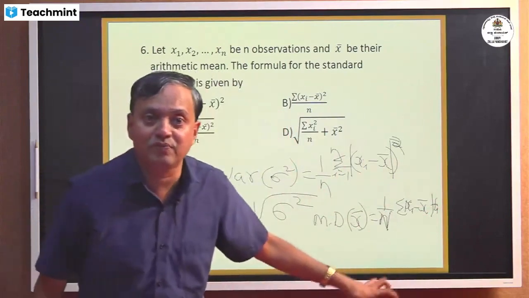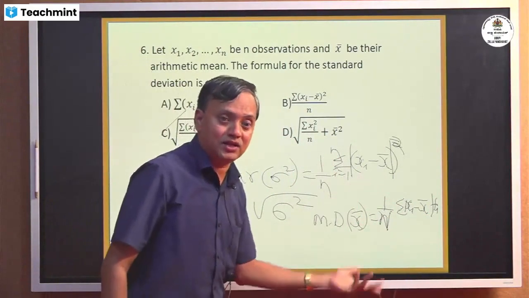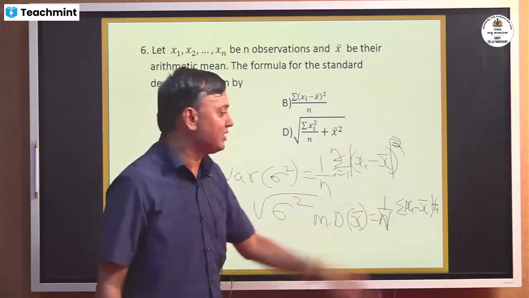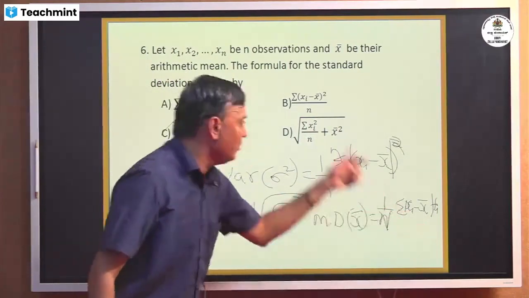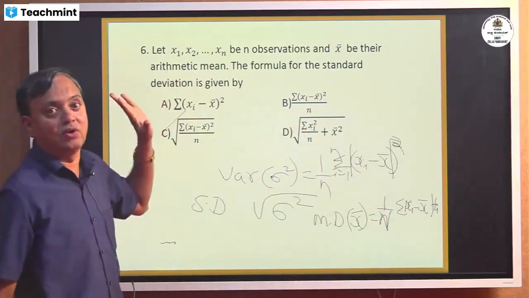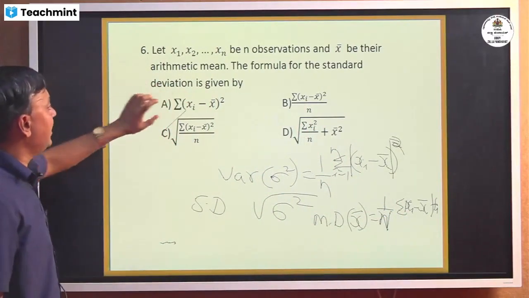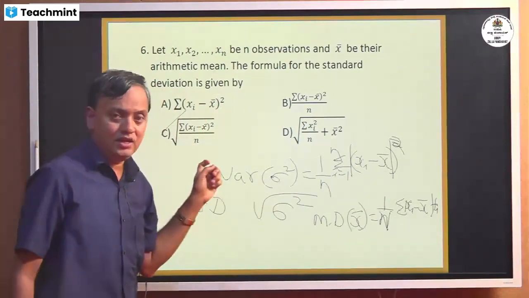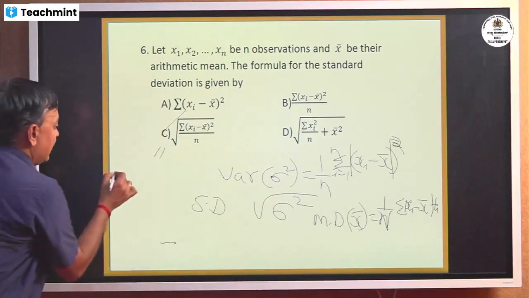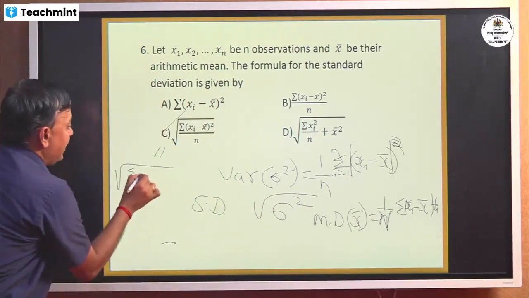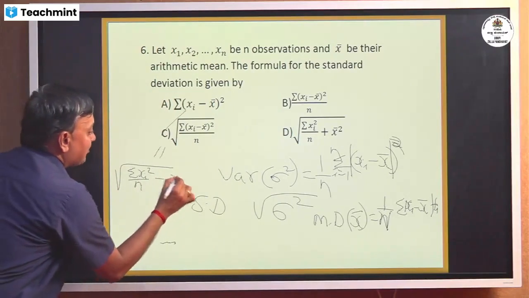This is the formula for mean deviation about mean in a grouped data, either in discrete frequency or in continuous frequency distribution. But here for variance, we don't take modulus, we take xi minus x bar square. So then the answer here, standard deviation, is answer C. Now one more formula is there here: root of sigma xi square by n minus x bar square.